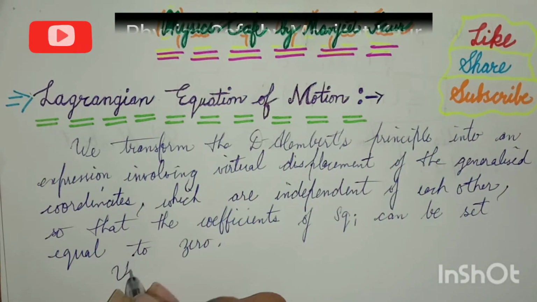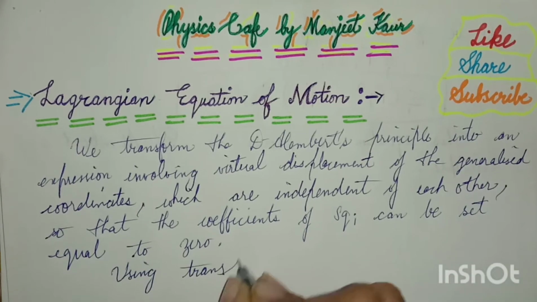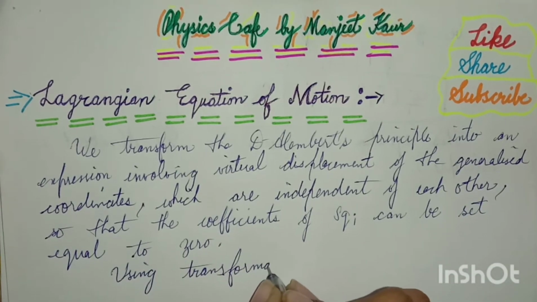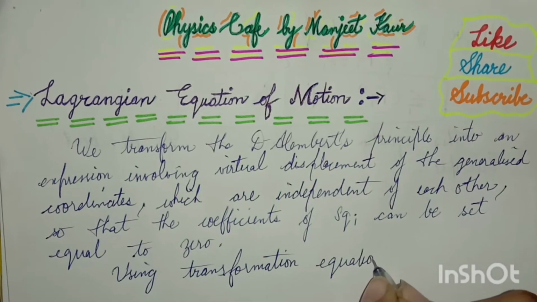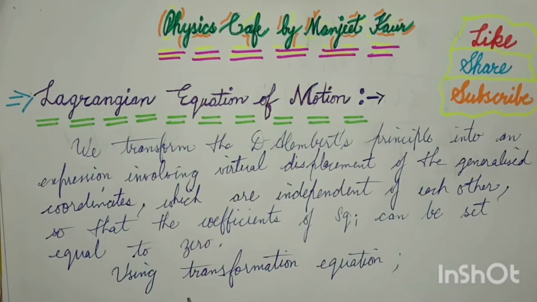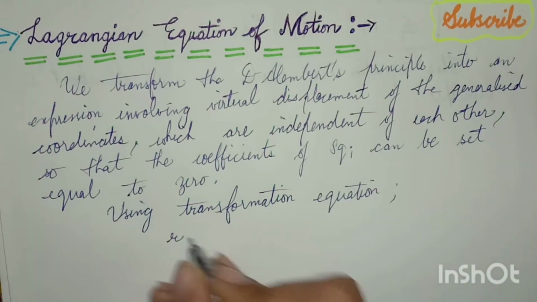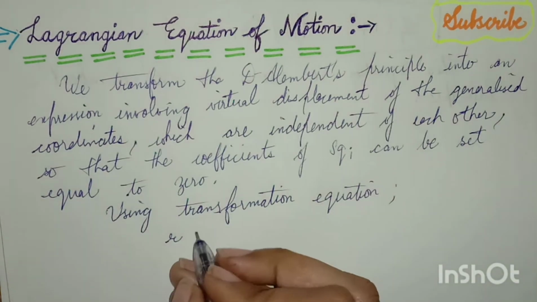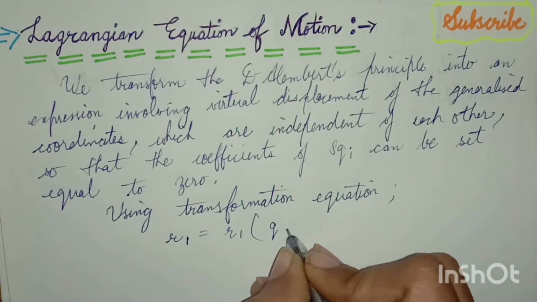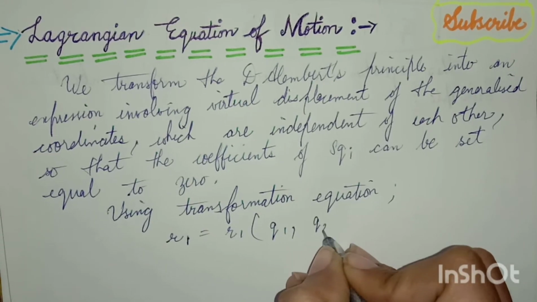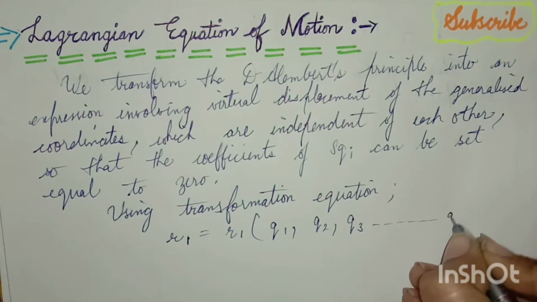Now, using the transformation equation, which is r1 is equal to r1(q1, q2, q3 and so on qn).